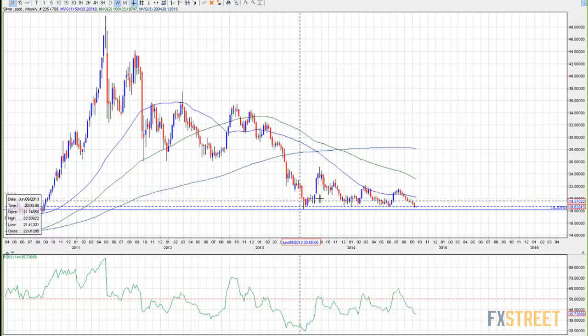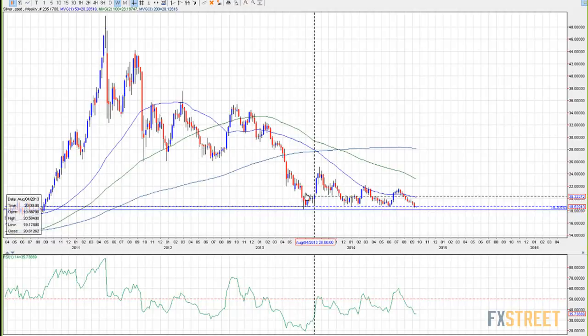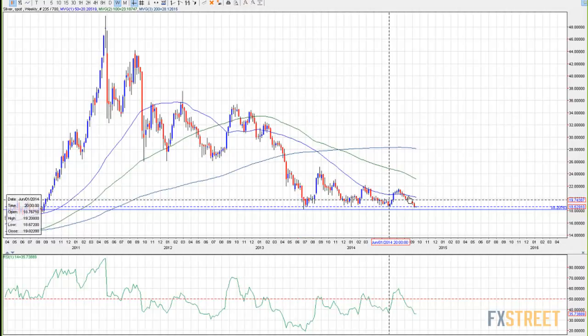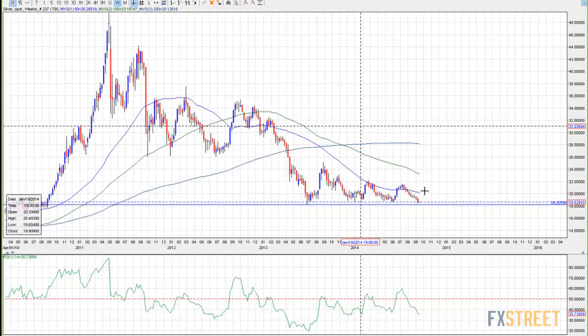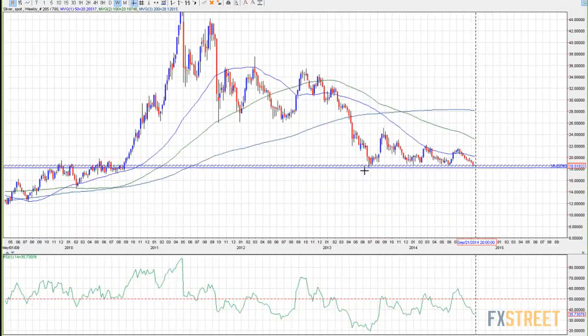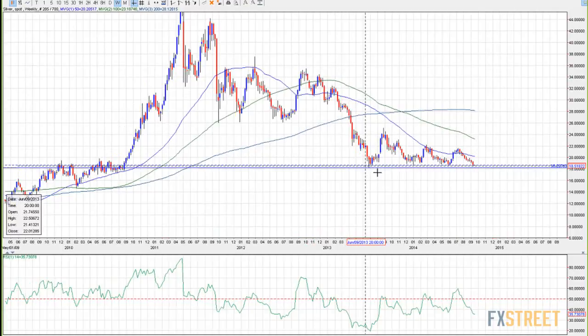Okay, so it's a similar situation here from a technical standpoint, in terms of price action, in terms of the moving averages, and in terms of the RSI in this weekly chart. So silver looking like it also wants to break below this support here at 18.20. Again, hawkish FOMC statement should help it move lower.